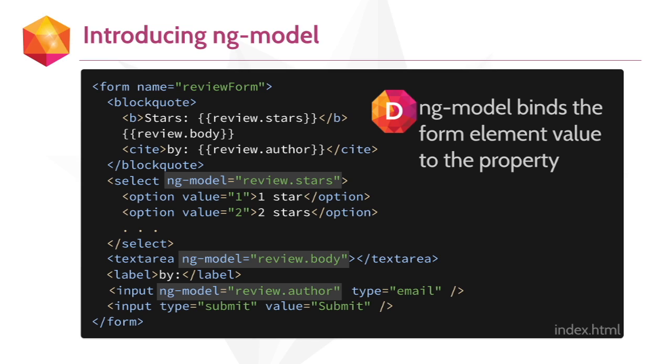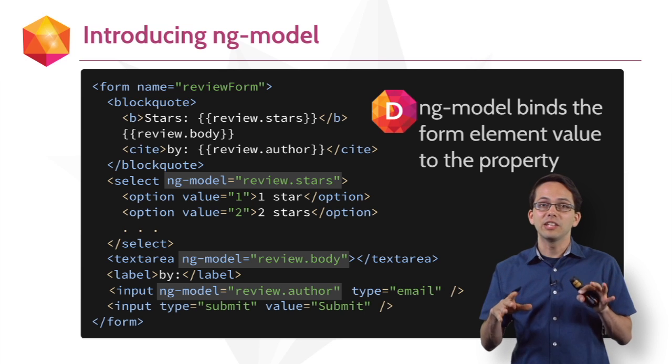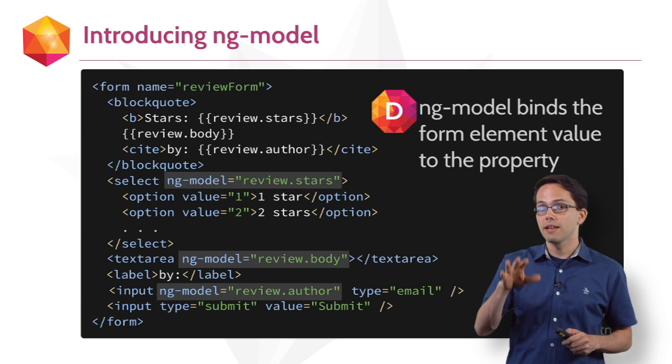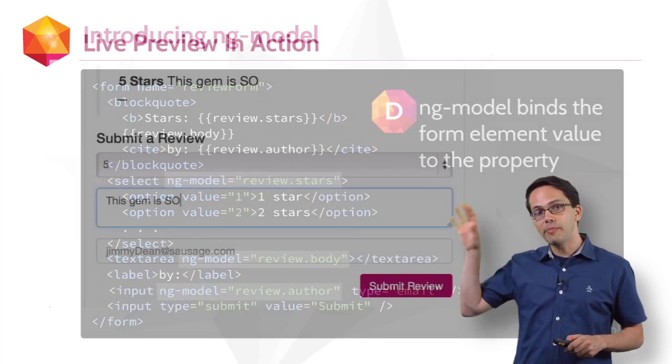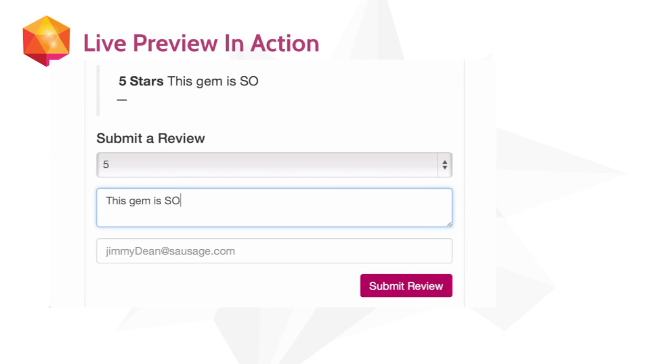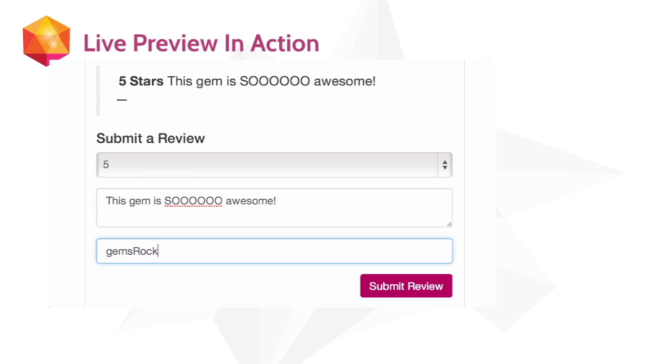So we can see ng-model review.stars, which will bind this form element to the review.stars value in our page. Here we're going to see more of that Angular magic. It's that two-way binding. So if we jump back into the page, we're going to see that as we update the form, the live preview automatically gets updated for each of these fields.